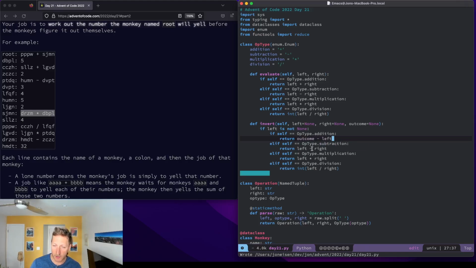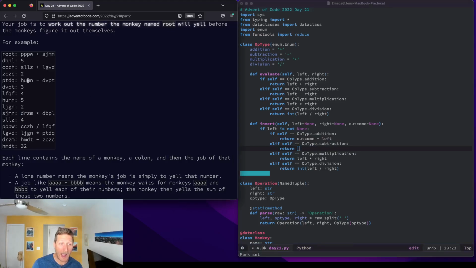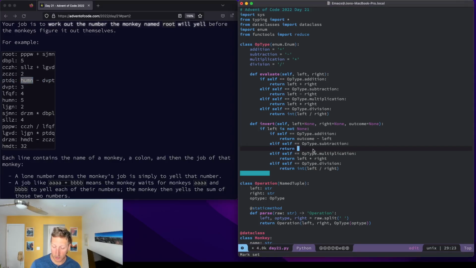And if it's subtraction and we have left, then we want negative outcome minus left. So we do outcome minus left. If it's multiplication, we do outcome divided by left.